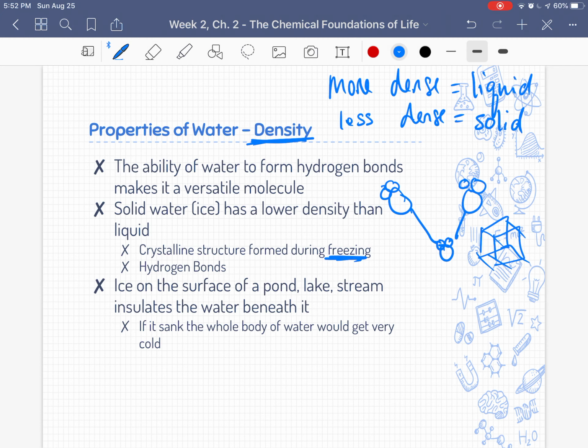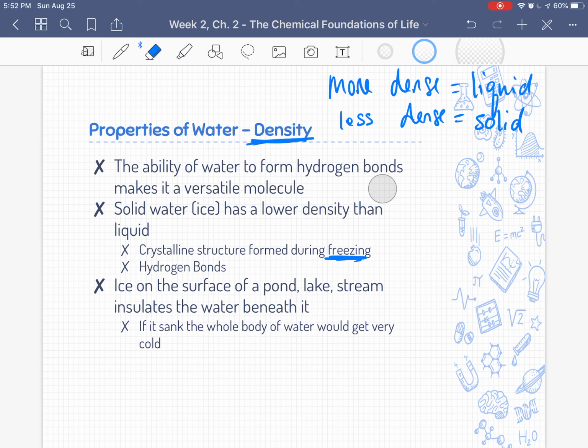The water is literally forming crystals, like if you think about snowflakes. The reason that's occurring is because as the temperature of the water decreases, the movement of the water molecules slows down, and that allows the hydrogen bonds to stabilize. So those hydrogen bonds will literally hold the water molecules at arm's length, making them less dense than when you're liquid, when those water molecules are tighter and they're able to move past each other.